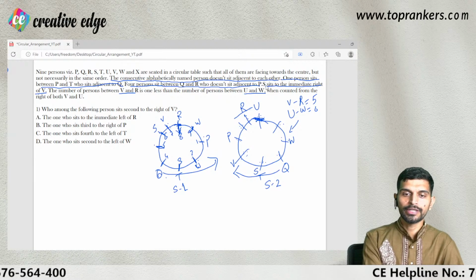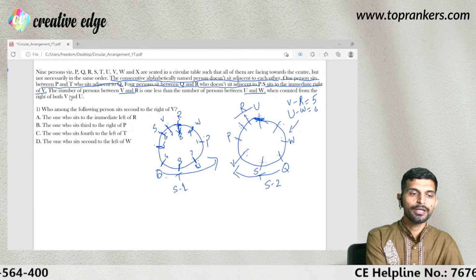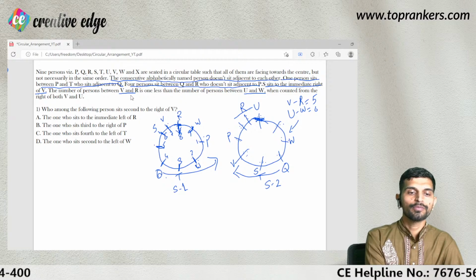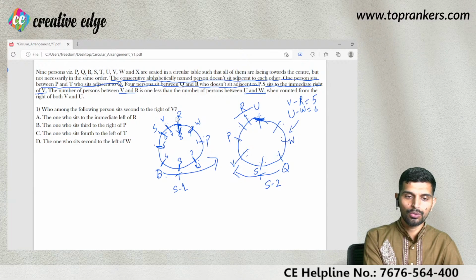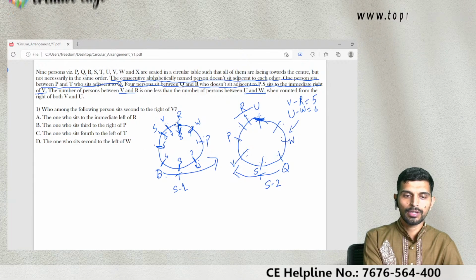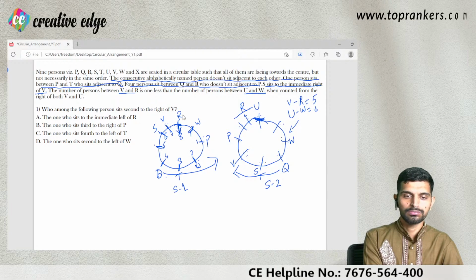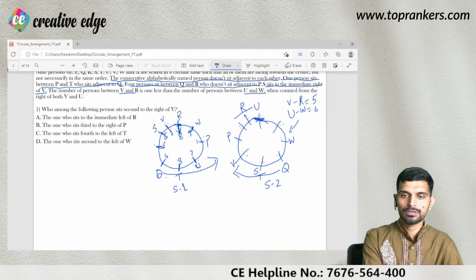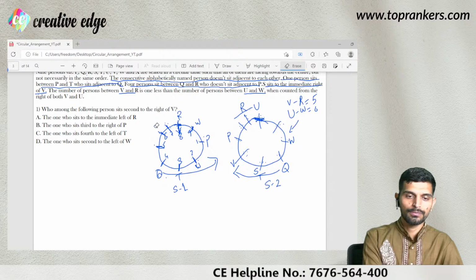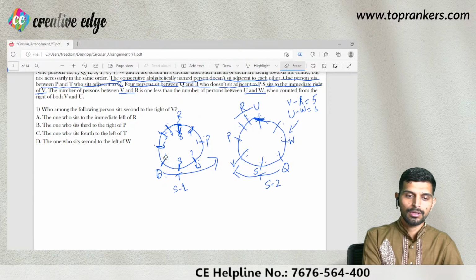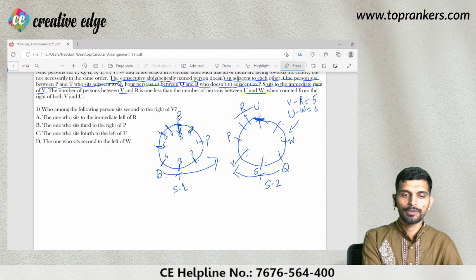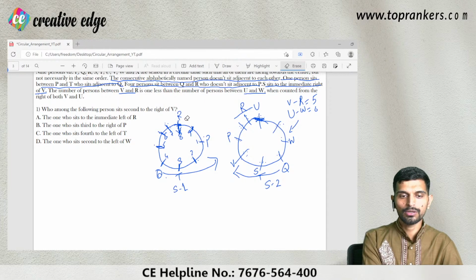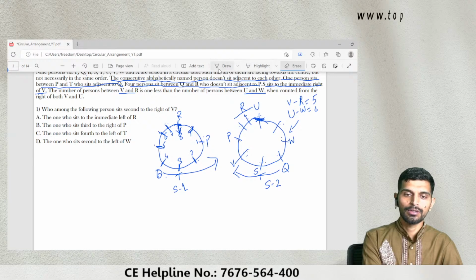R who doesn't sit adjacent to P, S sits immediate to the right of V. The number of persons between V and R is one less than the number of persons between U and W. V and R counted rightwise. So that cannot be the case. We cannot place V here because in this case, we'll have maximum number of people between V and R to count towards right, right?